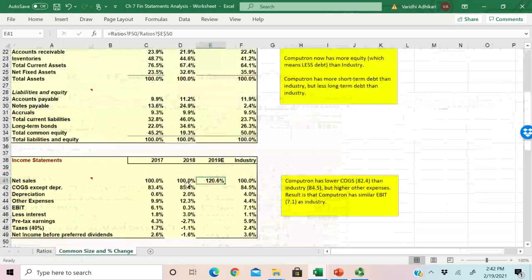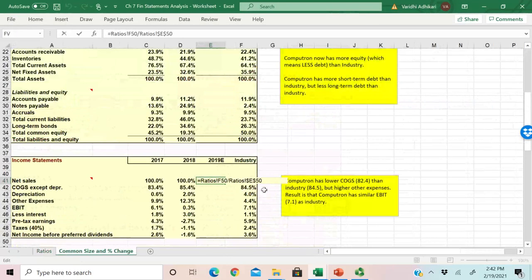However, the numerator is locked to E50, but I want this to be F52. There are tricks to do this, but let's not complicate it.